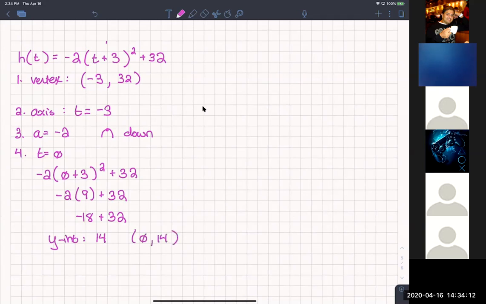Now, to find the x-intercept. Remember, to find the x-intercept, you set it equal to 0. And you get everything besides this on the opposite side. The first thing we're going to do is subtract 32.